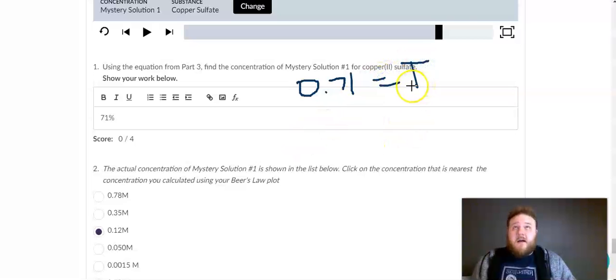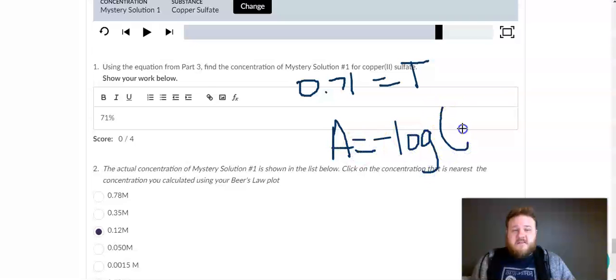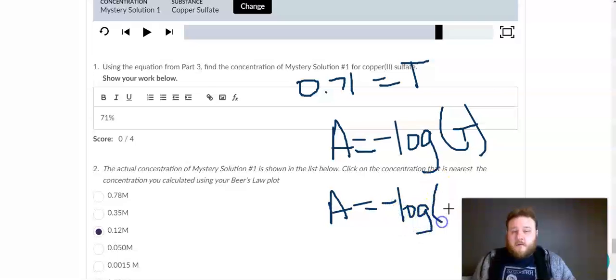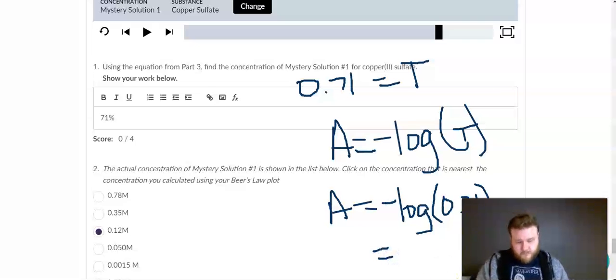I can figure out my absorbance by using this equation: A equals negative log of T. So I would plug this in the calculator. 0.71, and let's see what I get.